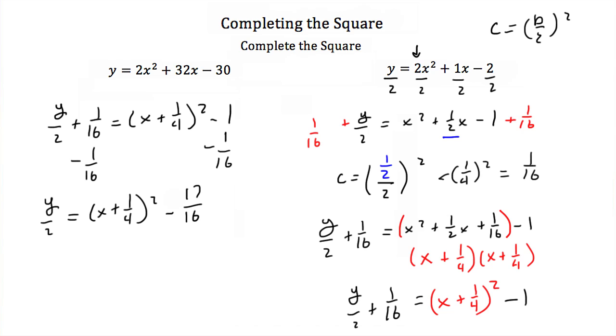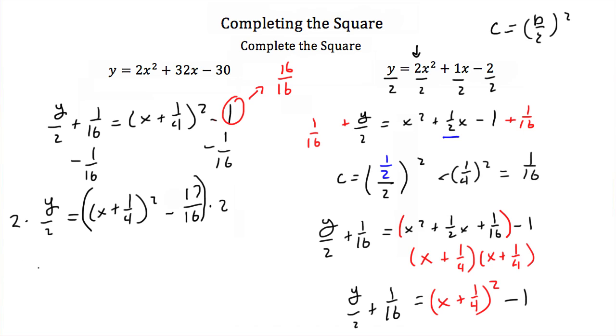Because this 1 here is equal to 16/16. So if we have a negative 16/16 and we subtract another 16th, we'll end up with 17/16. Now our last step would be to multiply by 2 on both sides.